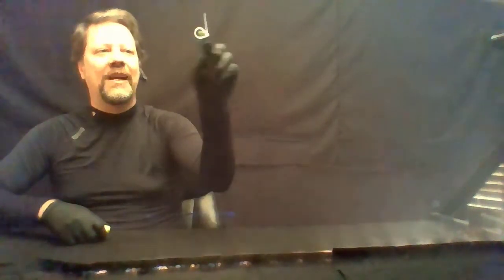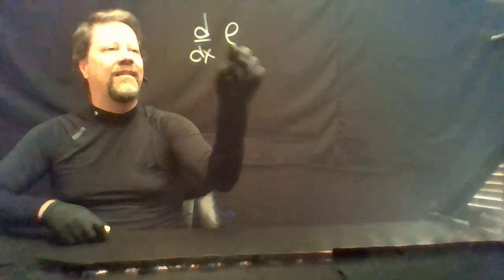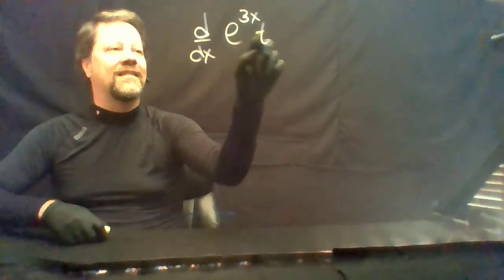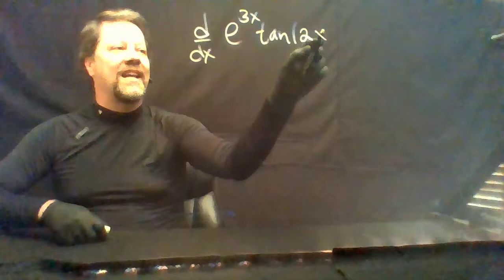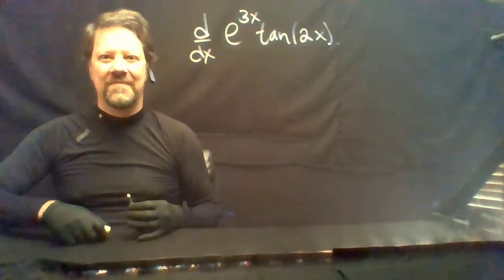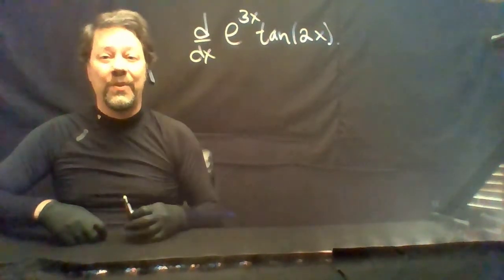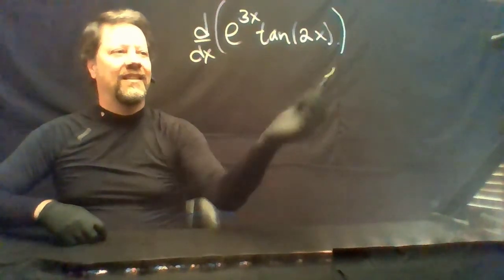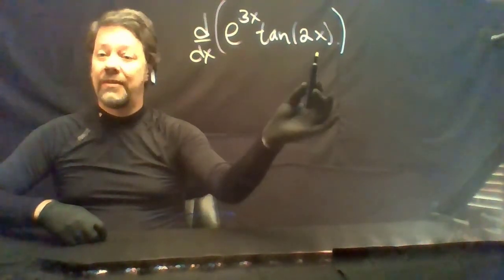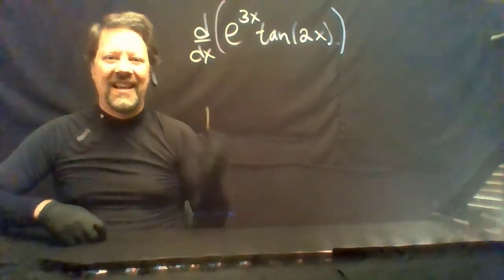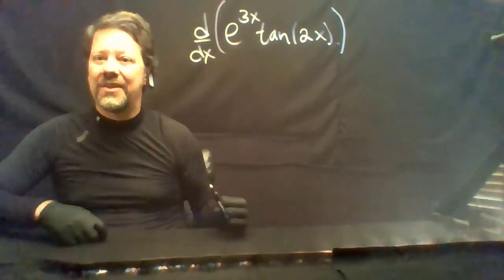On the next problem, we're calculating the derivative of e to the 3x times tangent of 2x. What are the rules? We have a product, two functions multiplied together, and each of those involve a composition.